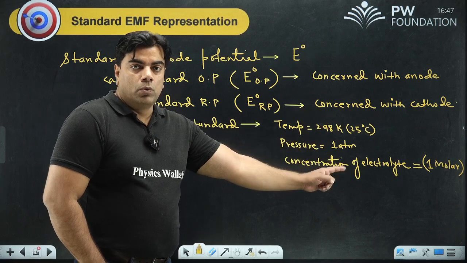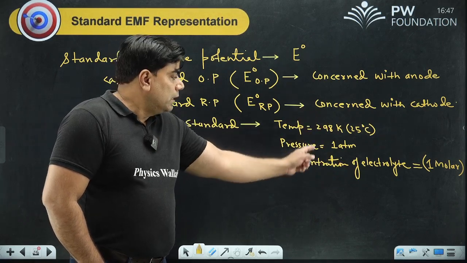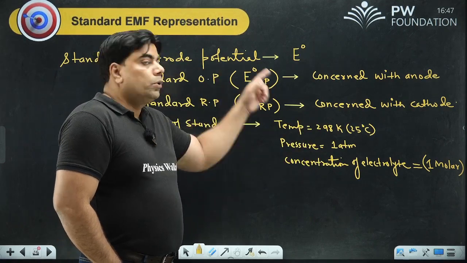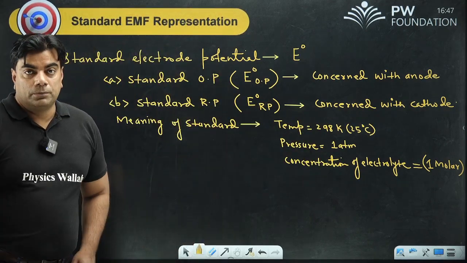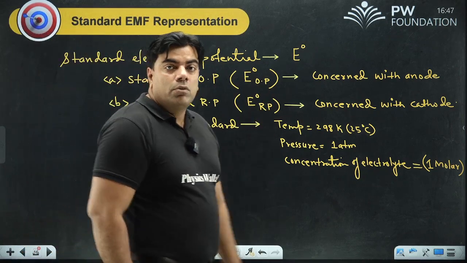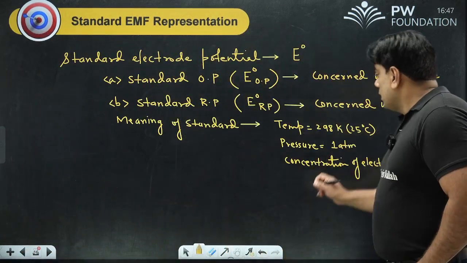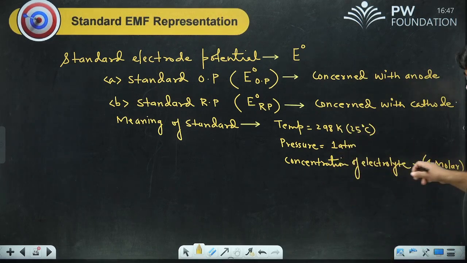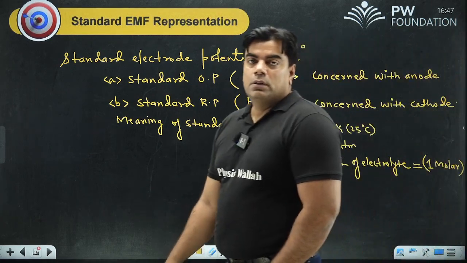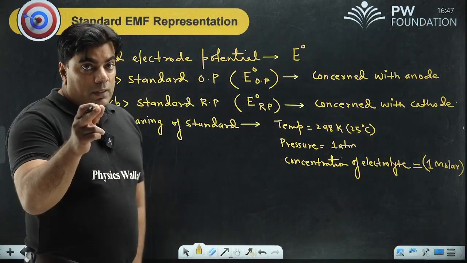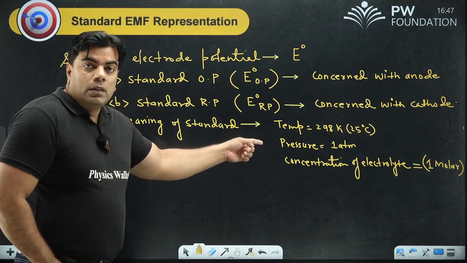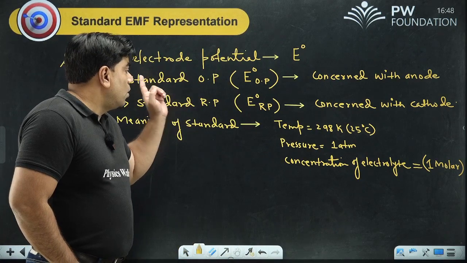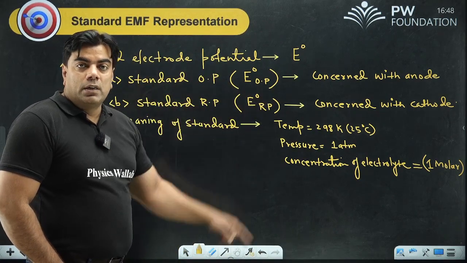If these three conditions are fulfilled, that is temperature is 298 Kelvin, pressure is 1 atmosphere and concentration of electrolyte is 1 molar, then only we can say that our electrode potential, oxidation potential or reduction potential, is in a standard condition.